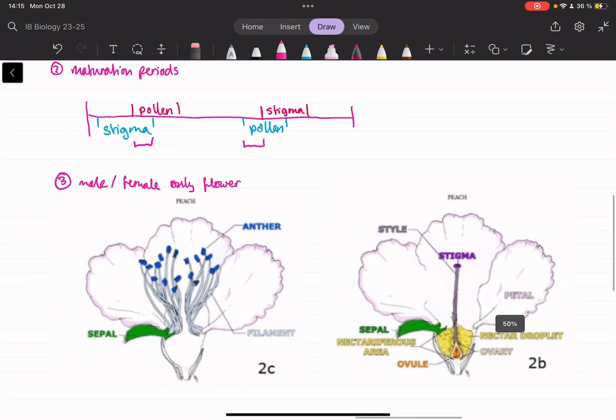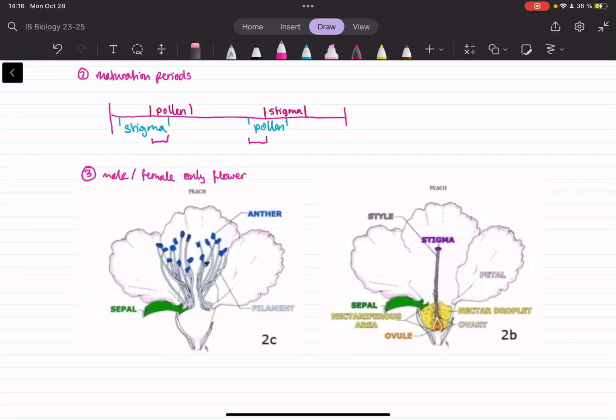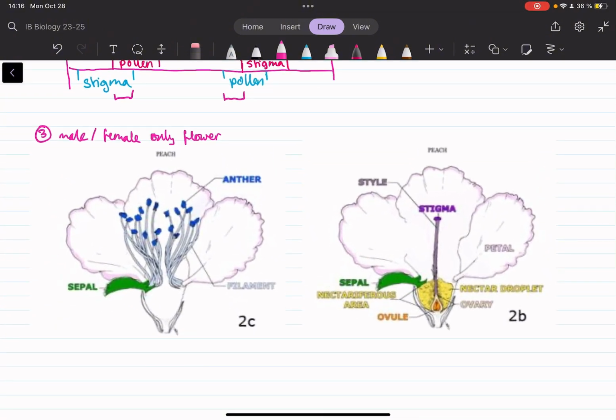So for example, in this peach flower, it has only the anther and filaments, or the stigma, style and the ovary with the ovules in it. So these can be found on the same plant, like for example squash and cucumber. The flowers will be on the same plant. It's just that each of the flowers is either male or female.